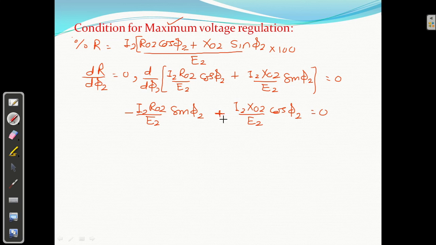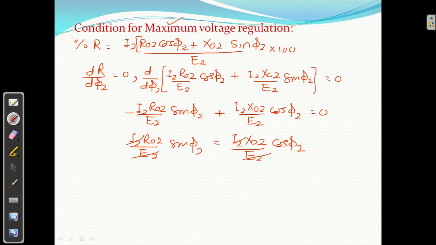Taking the negative term to the other side, you will get I2 R02 upon E2 sin phi 2 equal to I2 X02 upon E2 cos phi 2. Both will be plus. I2 will be cancelled on both sides, E2 will be cancelled on both sides.